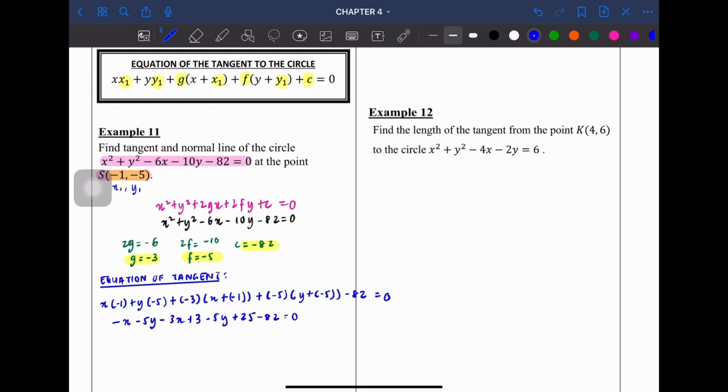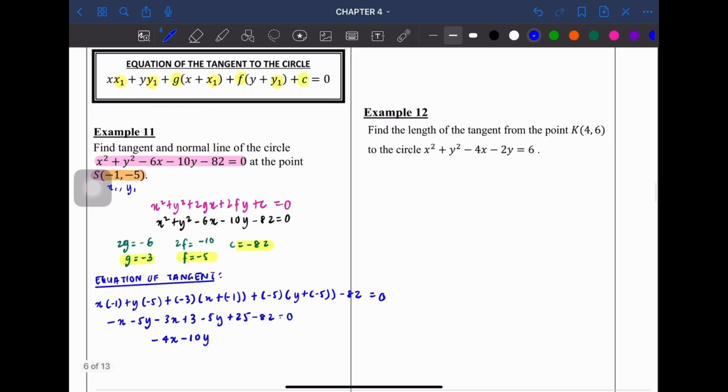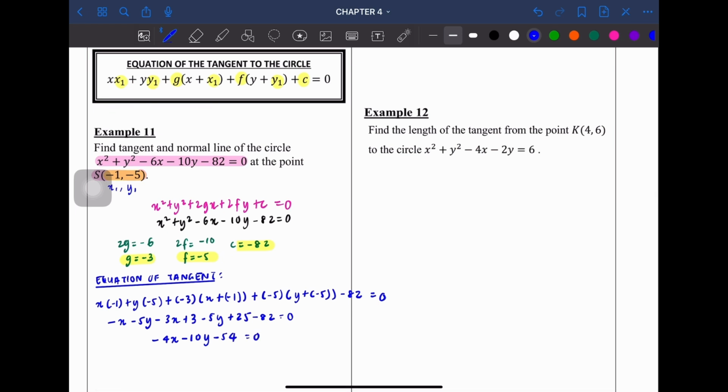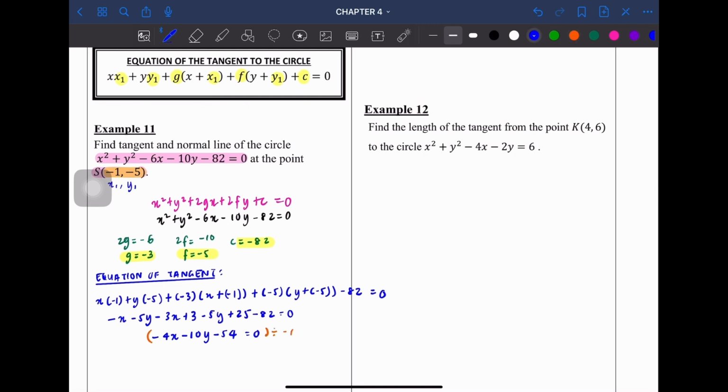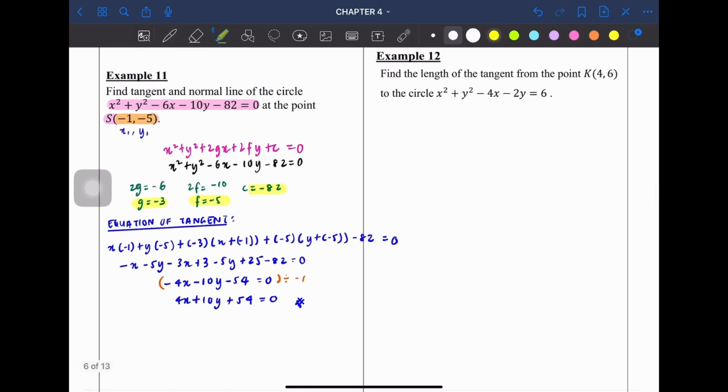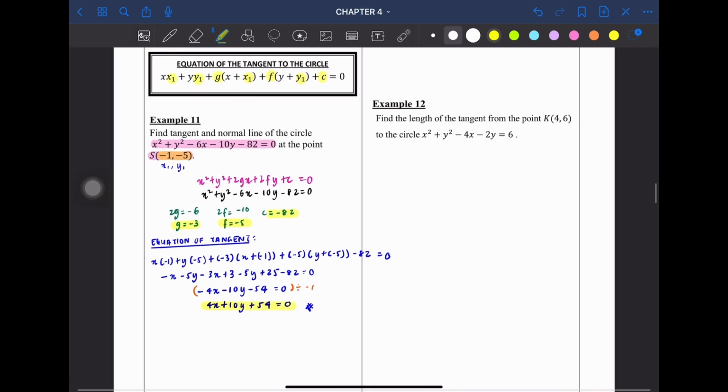So I simplify our equation, so negative 4x minus 10y, and then we combine all the constants, we have negative 54 equal to 0. Okay, so I divide the whole equation by negative 1, it becomes 4x plus 10y plus 54 equal to 0. Done. Okay, so this is your equation of tangent.